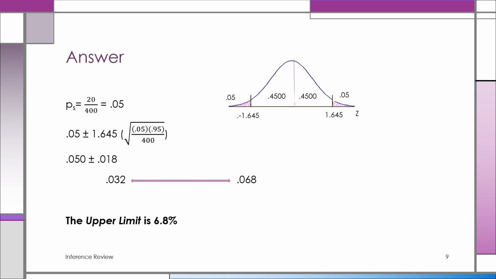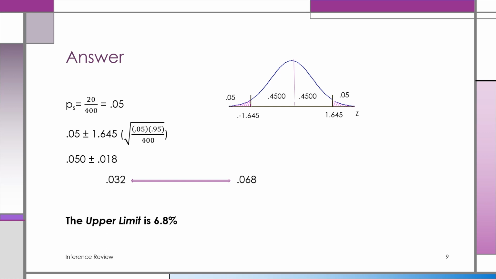And so you see the z distribution laid out there for a 90% confidence interval estimator. So we want the central 90% of the distribution, 45% on one side of the mean, 45% on the other side of the mean. Each of the tails has 0.05, 5%.